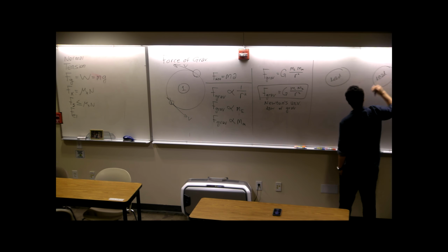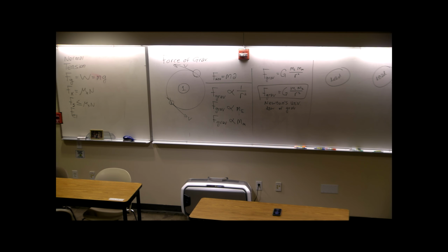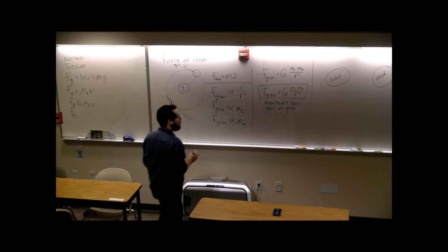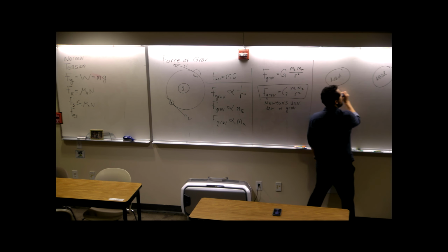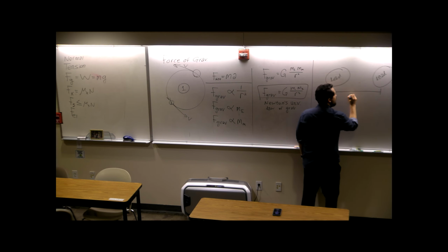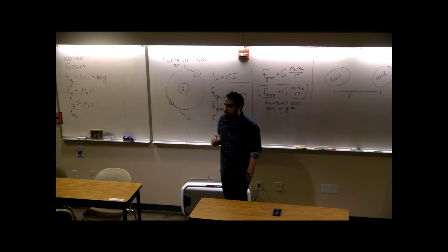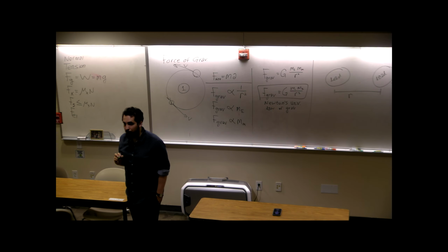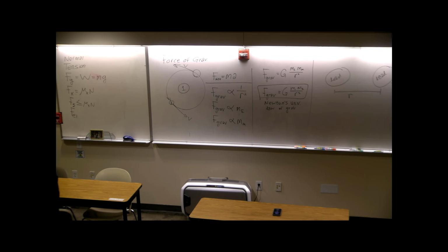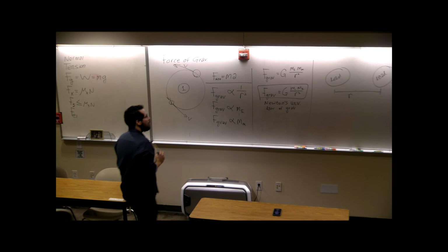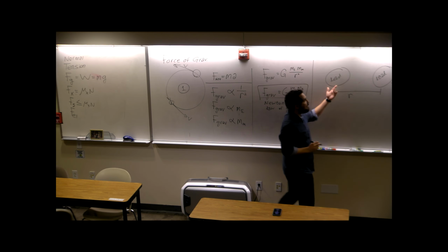Cavendish took two large spheres, measured the distance between them, and this is important, it's the distance between their centers. He was able to measure the distance between their centers and found the force acting on these lead balls.